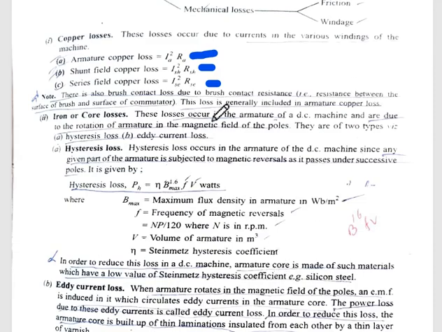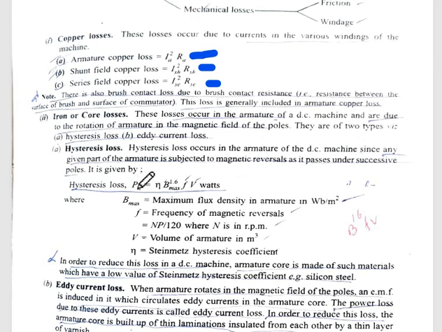Iron loss. These losses occur in the armature of DC machine and are due to the rotation of armature in the magnetic field of the poles. There are two types: hysteresis loss and eddy current loss.